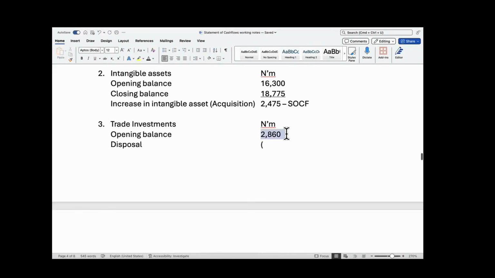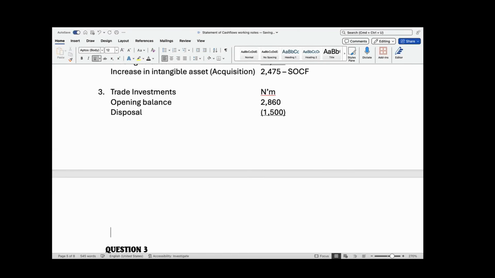So you cannot possibly bring sales proceeds here, but the carrying amount. And that was all they gave me. So I'm done. What's my expected closing balance? 1,360.